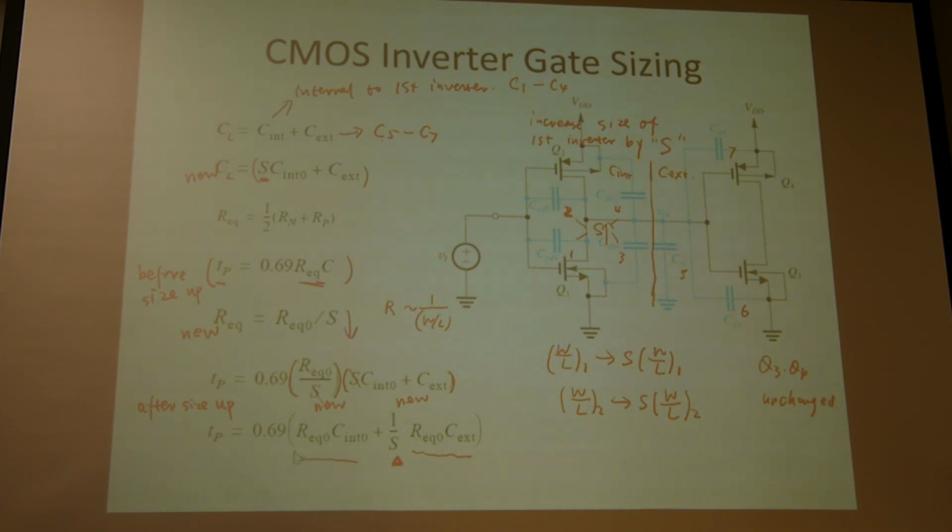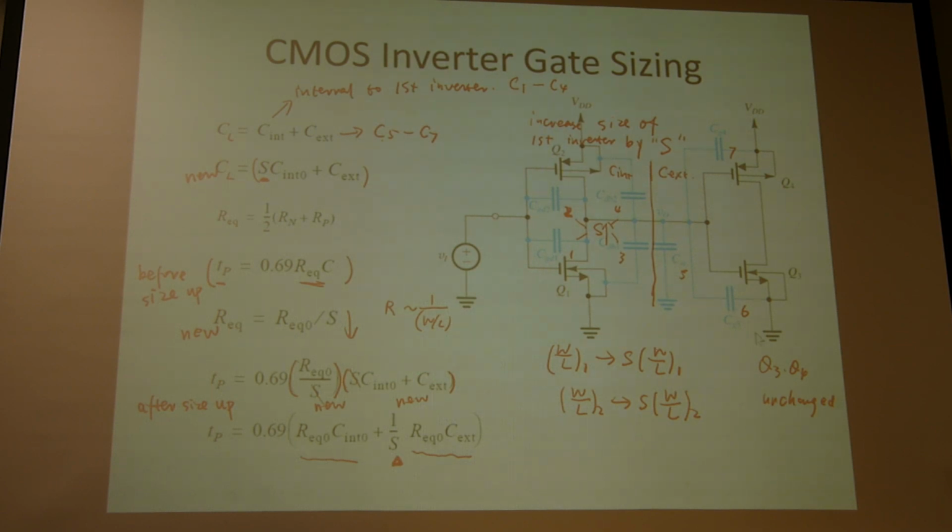So that means after you size up, for the first stage, nothing changed. When you size up, capacitance goes up, resistance goes down. So RC, one up, one down by S factor, they cancel each other. So the delay for the first stage, the internal delay, is unchanged.